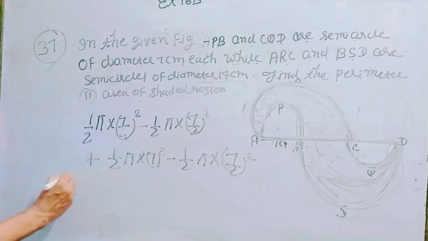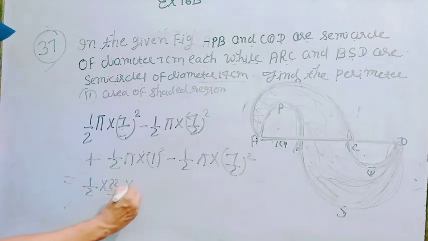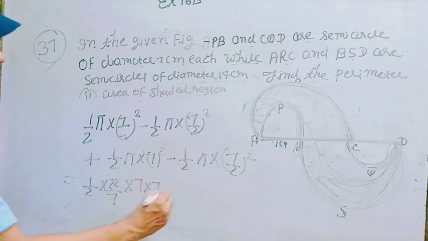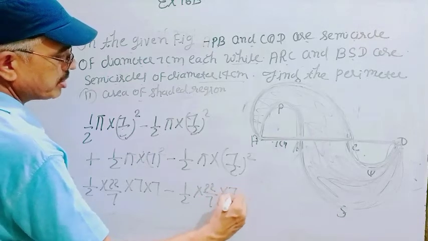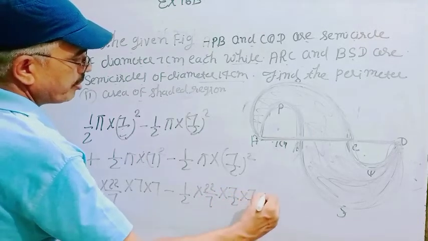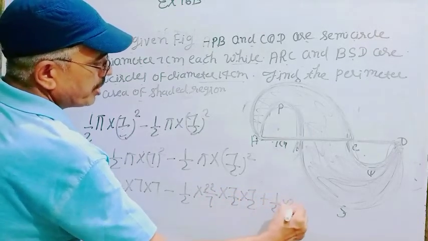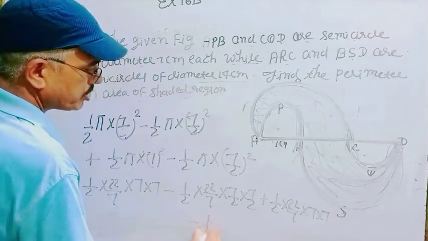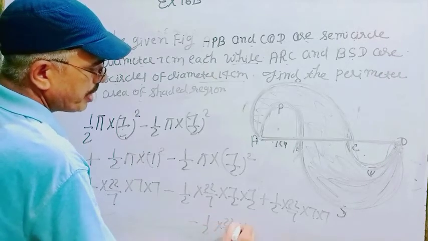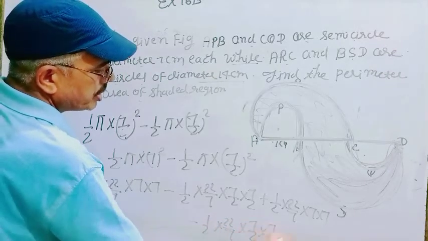So you add it: 1 by 2 into 22 by 7 into 7 into 7 minus 1 by 2 into 22 by 7 into 7 by 2 into 7 by 2 plus 1 by 2 into 22 by 7 into 7 into 7 and minus 1 by 2 into 22 by 7 into 7 by 2 into 7 by 2.